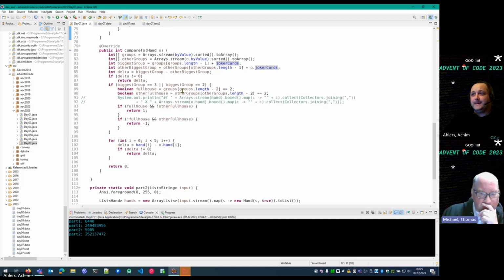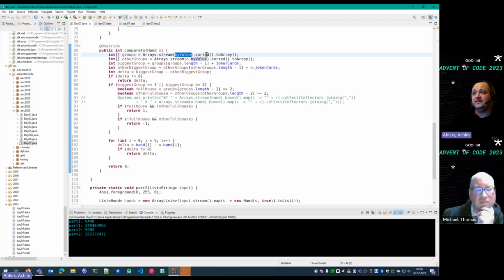Let's come to your comparator. Yes, it's a bit ugly, I have to admit. So from this hand and the other, I take the byValue array and sort it. And I had also put in the distinct method, so I would only get distinct values, but that would destroy the 2-pair detection, so I kicked it out again.